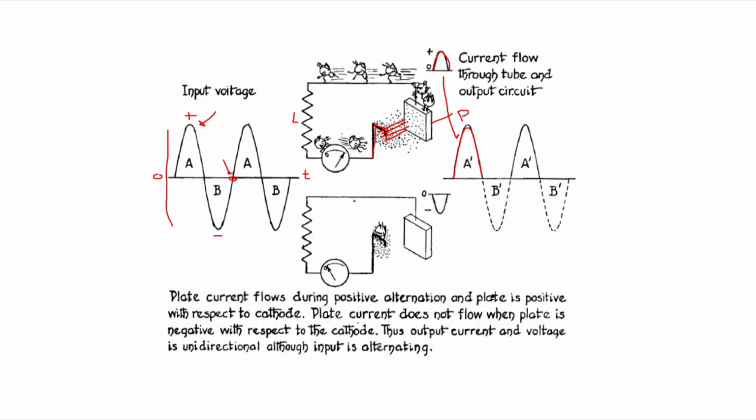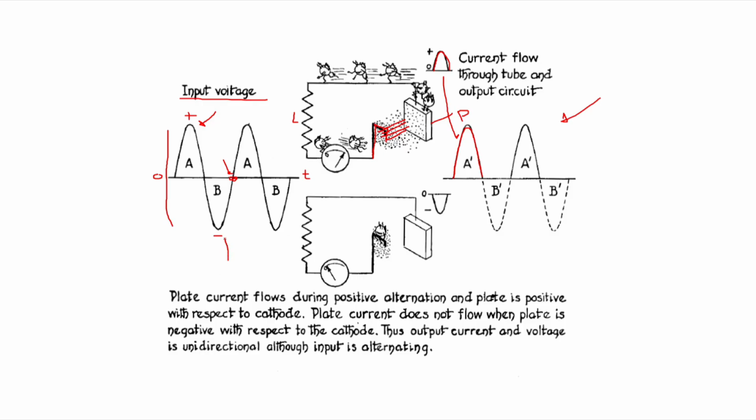There might be some distortion there, but relatively speaking, we're going to get an output hump. So this was our plate voltage, and this is what our output current is going to look like. Output current is going to follow the plate voltage.